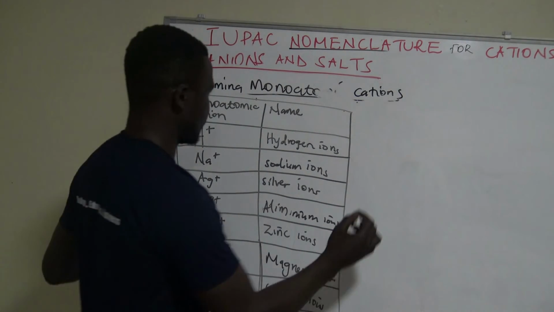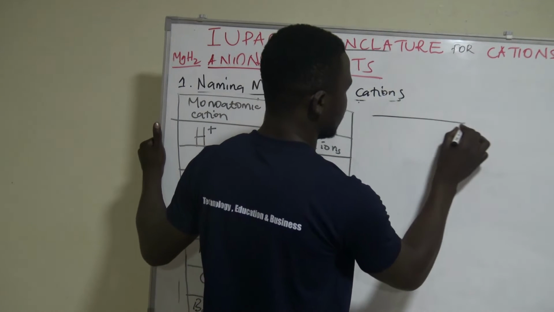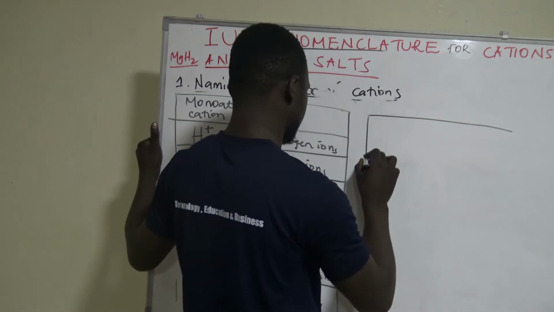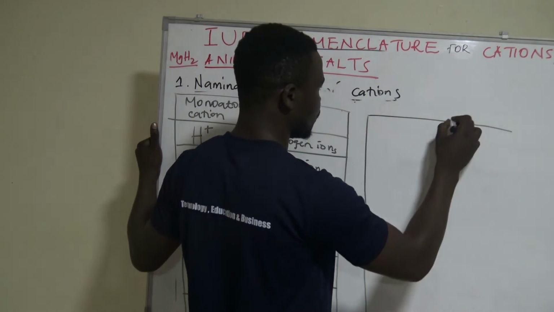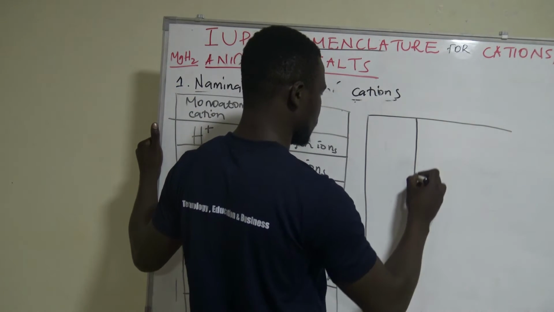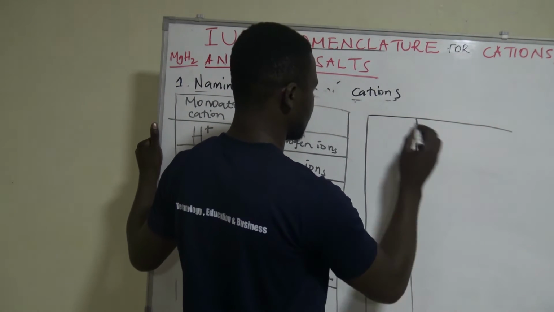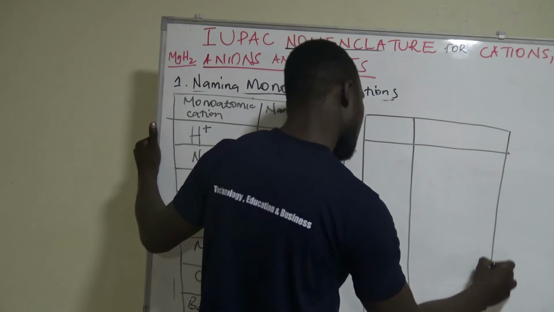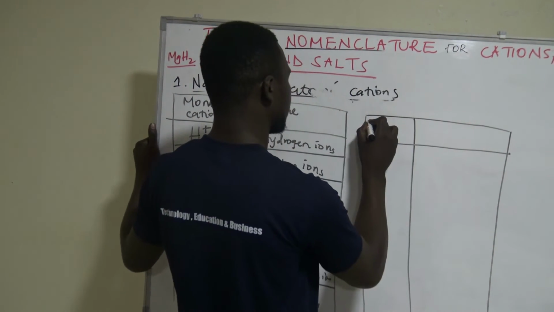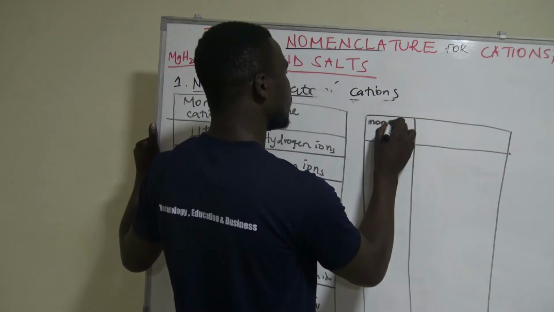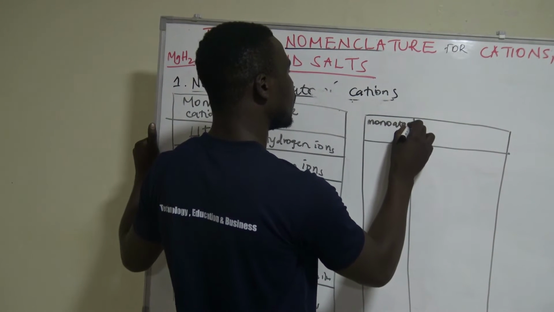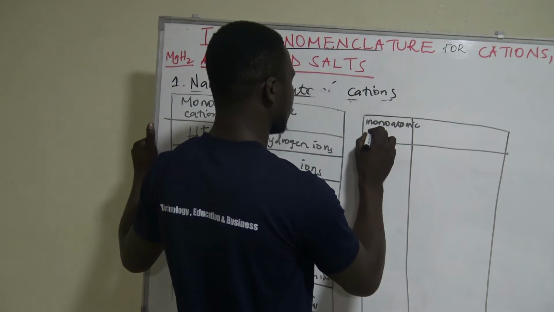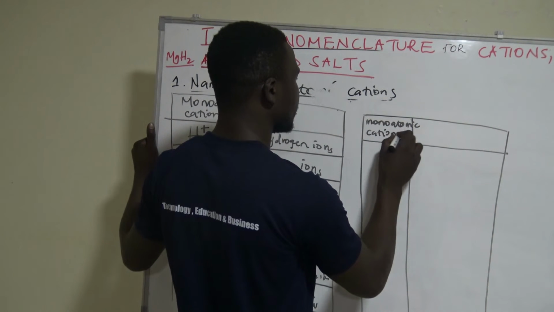I told you that our table will not accommodate all of them. We shall need to draw a second table where we shall again have the same labels. This is monoatomic cation.